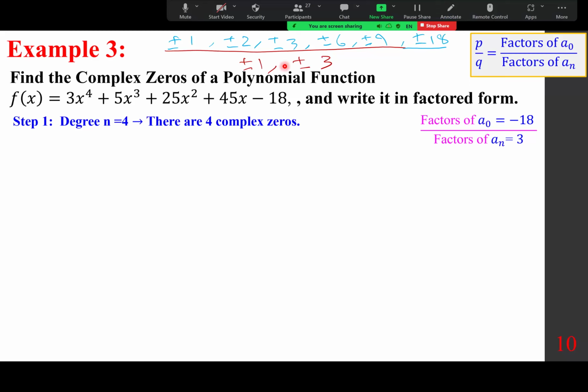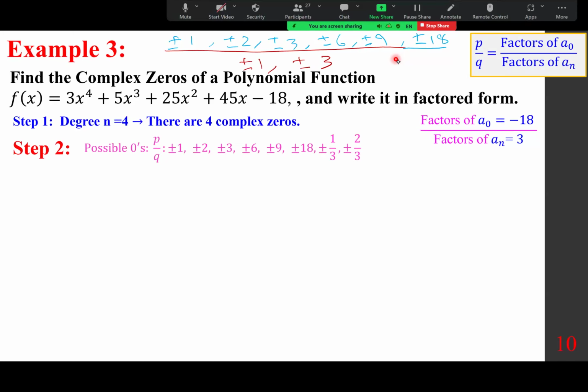When we divide them by plus minus 1, we get the same as the numerator. When we divide them by plus minus 3, we get plus minus 1/3, plus minus 2/3, plus minus 1, we already have it, plus minus 2, we already have it, plus minus 3, we already have it, plus minus 6, we already have it.